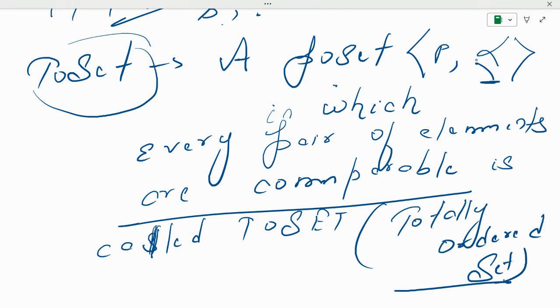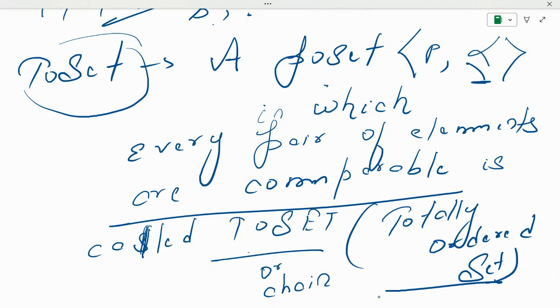A poset in which every pair of elements is comparable is called a Toset or totally ordered set. It is also known as a chain.